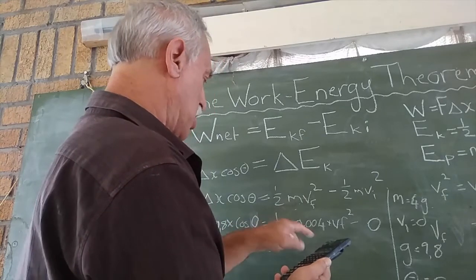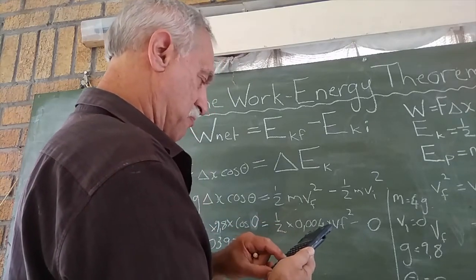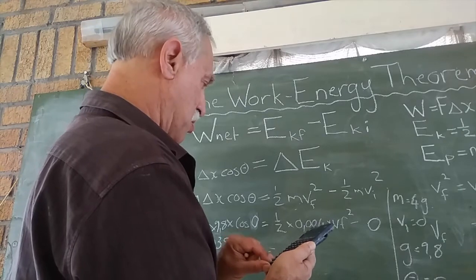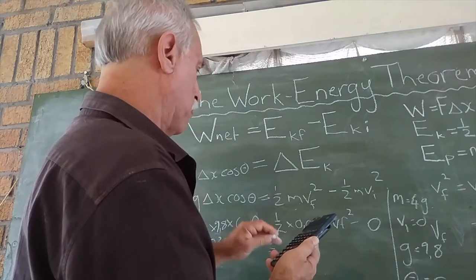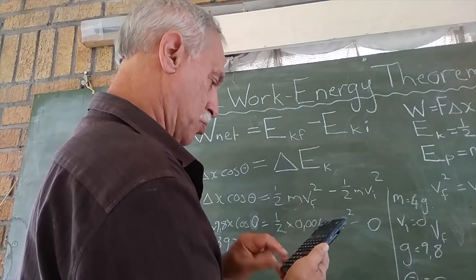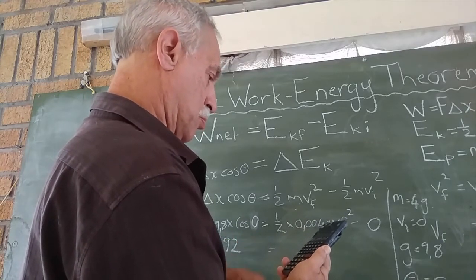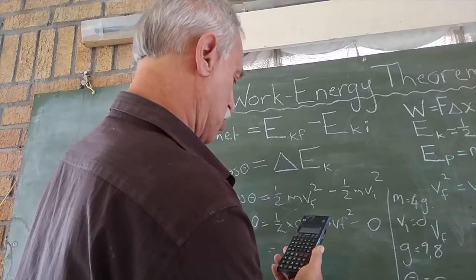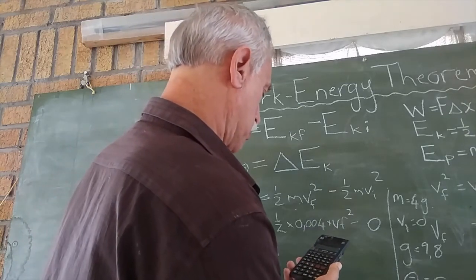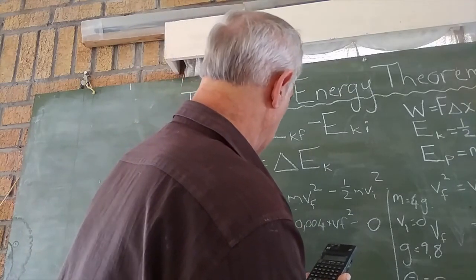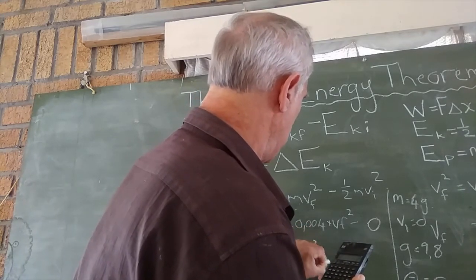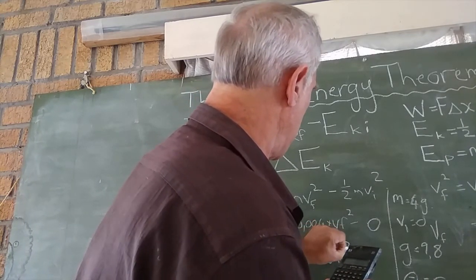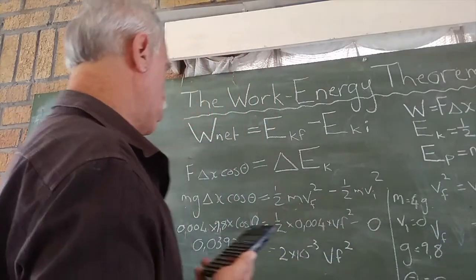Let's do that calculation: 0.5 times 0.004, which comes to 2 times 10 to the minus 3, times V final squared. You can ignore the naught there.